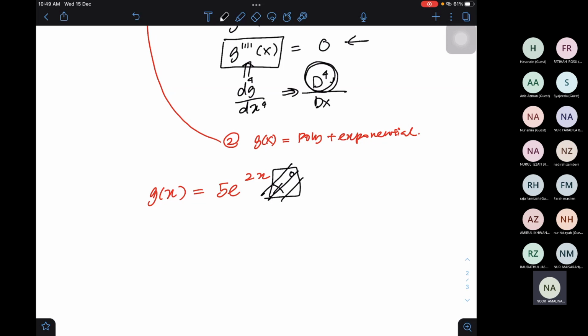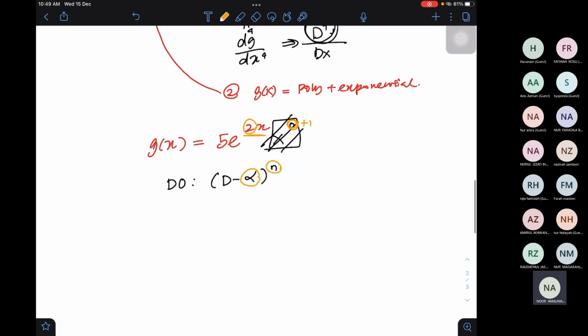Because when we want to write the differential operator, it will be in the form of (D minus alpha) to the power of n, where alpha is the power of the exponent, and n is the power of your polynomial plus 1.